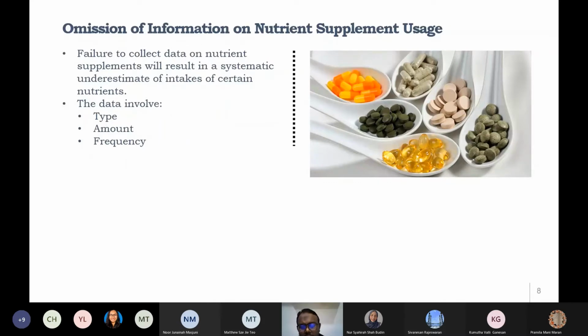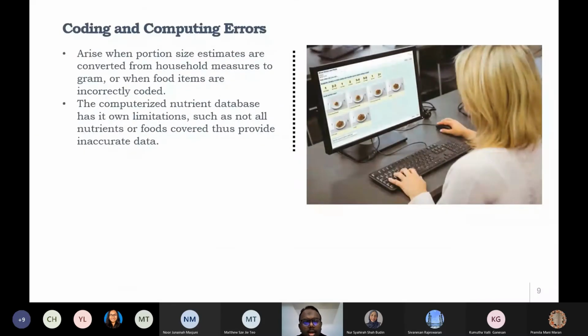Maybe if the person can't recall the amount, you can ask regarding the brand, the color of the bottle, and so on. So we can be creative in probing questions to the respondent. And the final error, these are the main errors, there are a lot of other errors, is coding and computing errors.